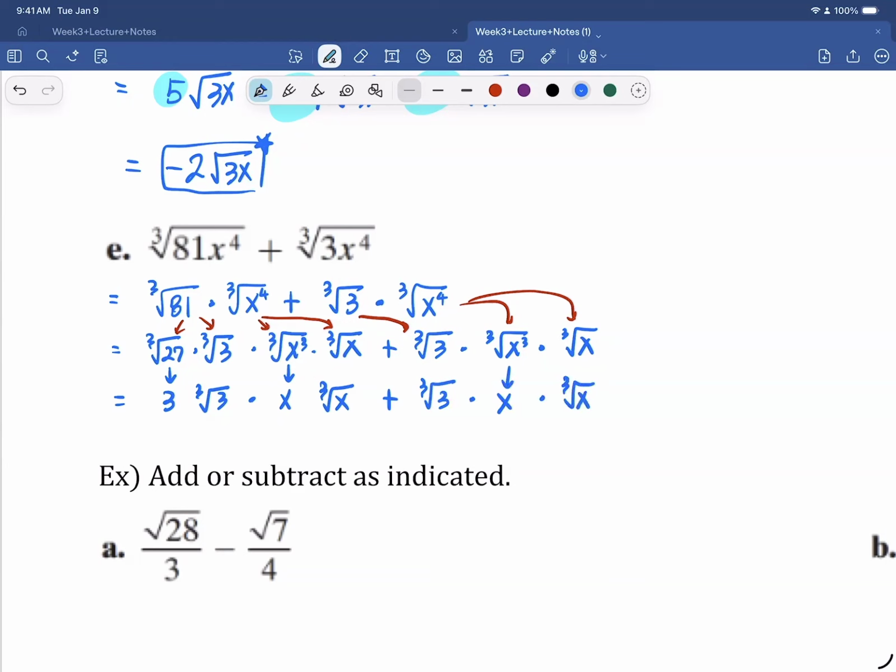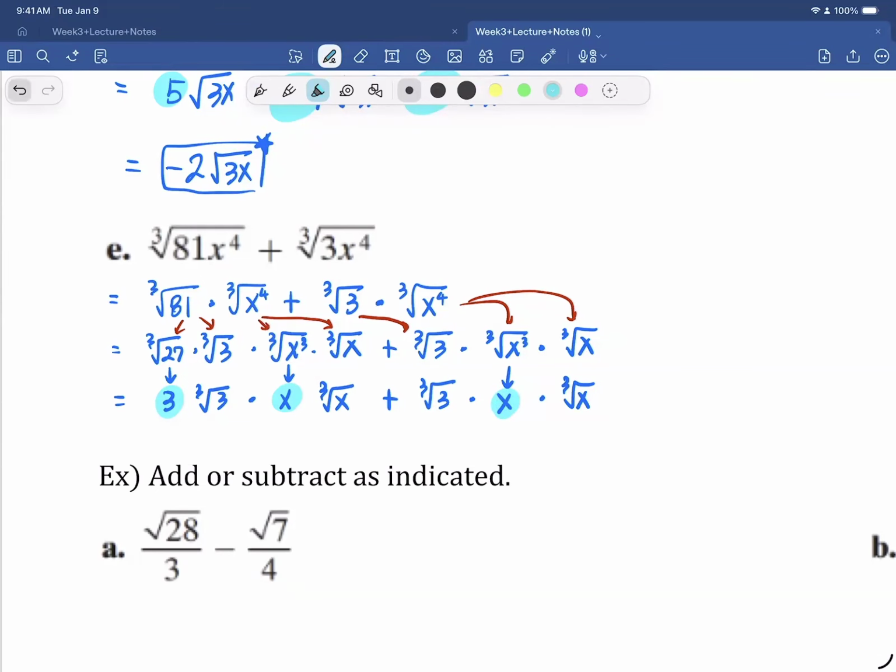Right? Okay. So as you can see, you can combine this one, that one, and then this one, isn't it? X, x. Yep, this one.